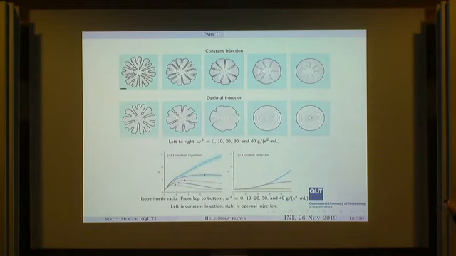So here fingers start to develop and they retract. So in this particular example, you're rotating fast enough that all of the fingers are suppressed and you end up with a circular interface. Or if you inject at what I'm going to call an optimal injection rate, then you can suppress them for a lower injection rate.